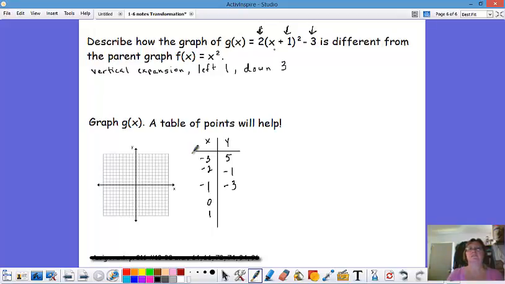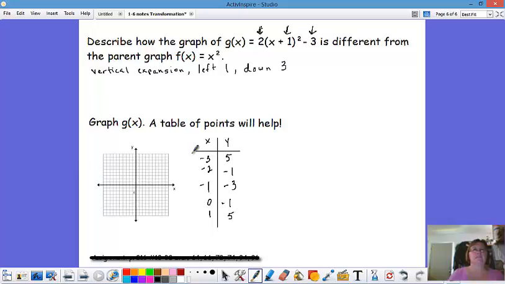If I make x 0, the parenthesis becomes 0 plus 1, 1. 2 times 1 is 2, and 2 minus 3 is -1. So yep, that symmetry is working out for us here. If we put 1 in for x, 1 plus 1 is 2, 2 squared is 4, 4 times 2 is 8, and 8 minus 3, 5. There's that symmetry.